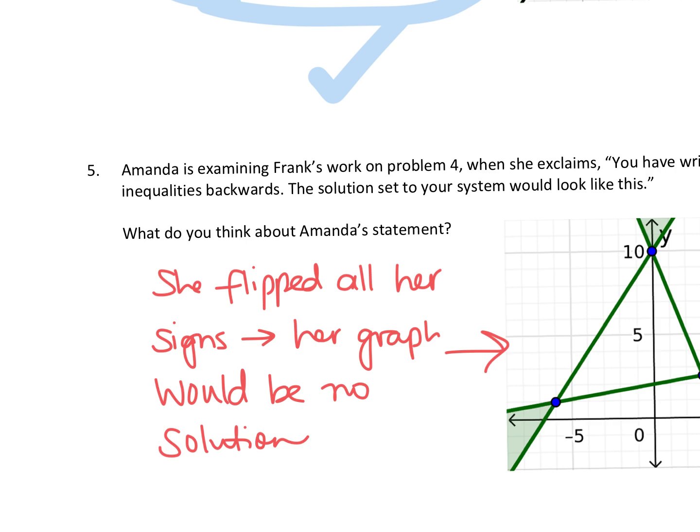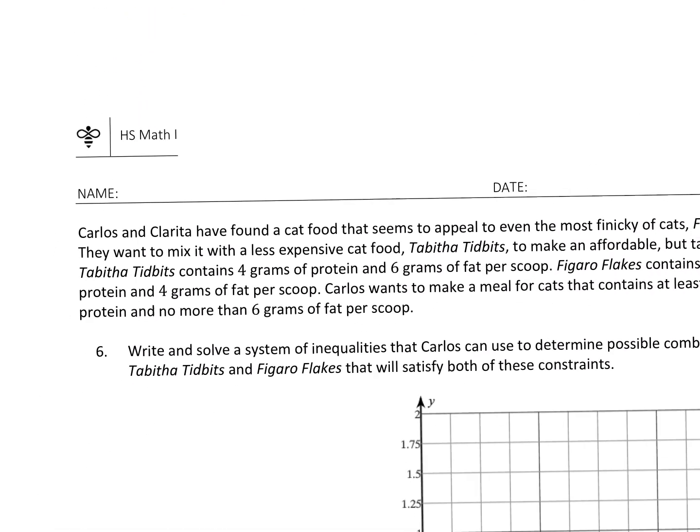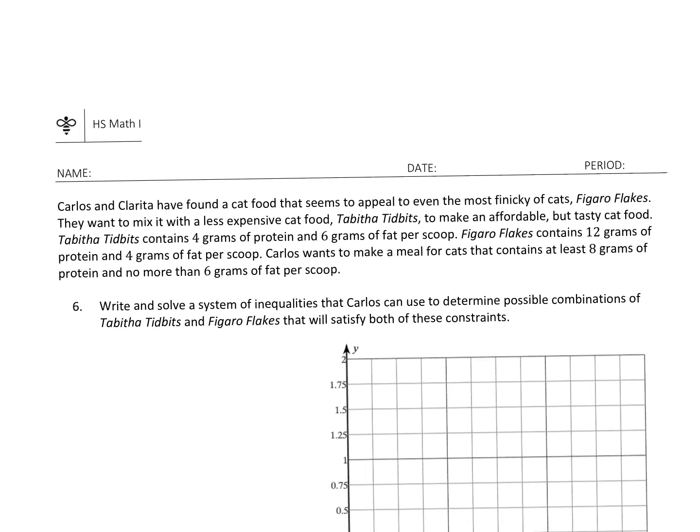Okay, let's go ahead and move on to number 6. In number 6, if we go back to Carlos and Clarita, it says that they found a cat food that seems to appeal to even the most finicky cats, Figaro Flakes. They want to mix it with a less expensive cat food, Tabitha Tidbits, to make an affordable but tasty cat food.